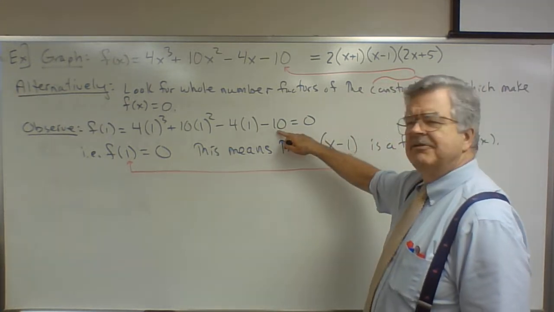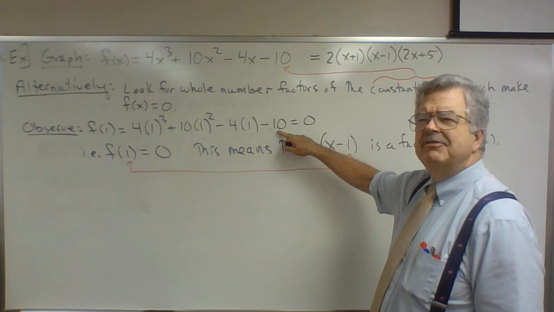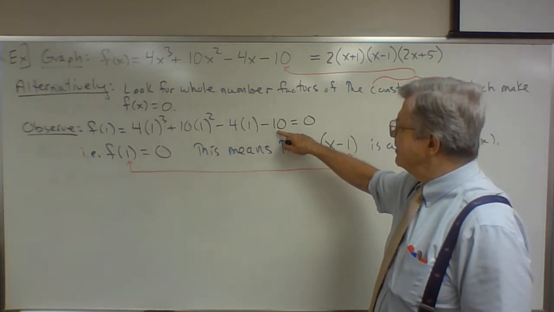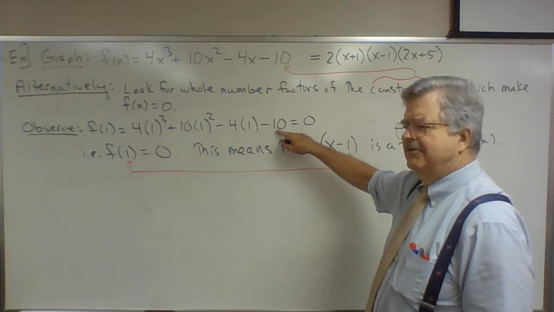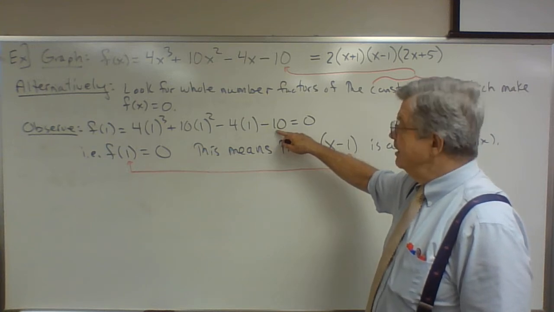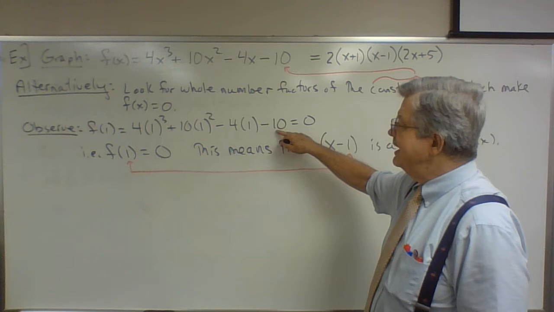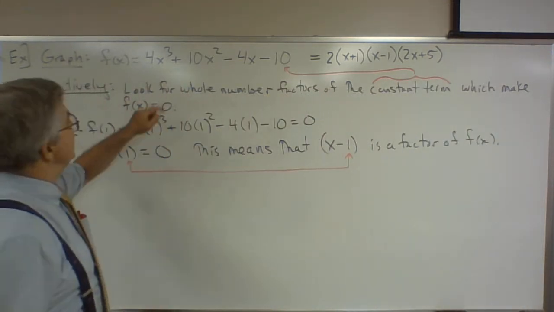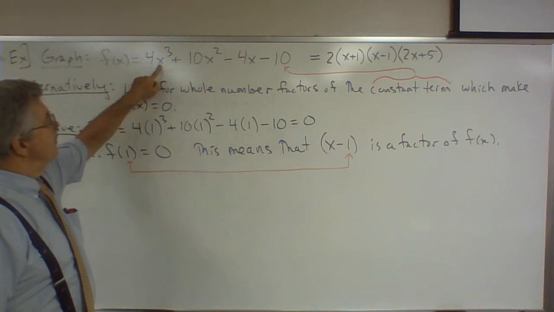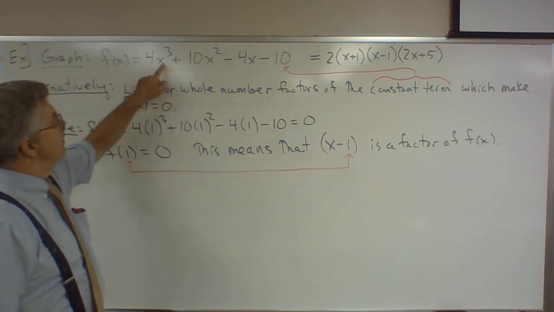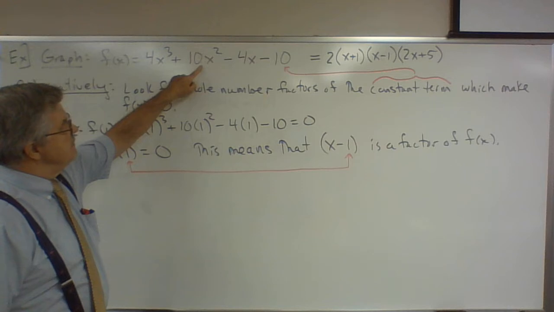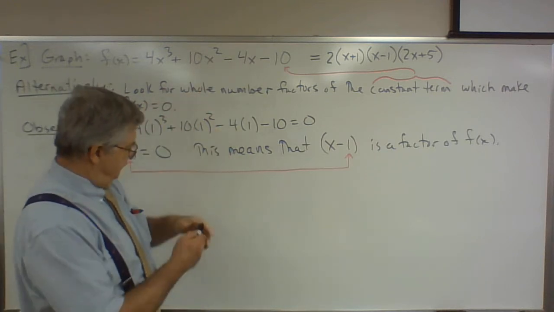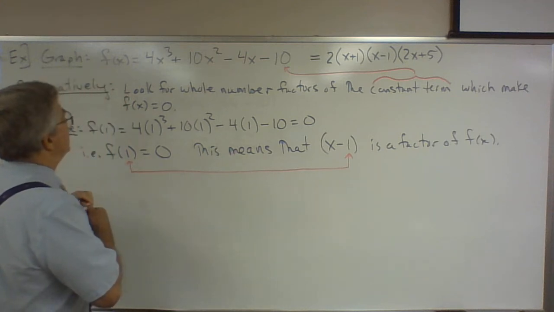Let's see, the factors of -10 are plus or minus 1, plus or minus 2, plus or minus 5. We plugged in 1. Let's plug in -1 and see what happens. Let me write this down.